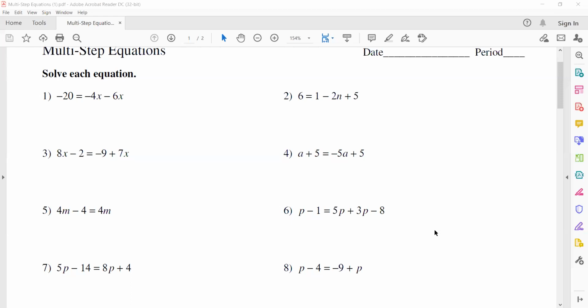It won't matter what number you put in there for M, there's no way those two sides of that equation are ever going to be equal. Because 0 times M is still 0. So if I took the M off of there, it maybe is even more obvious. -4 does not equal 0.